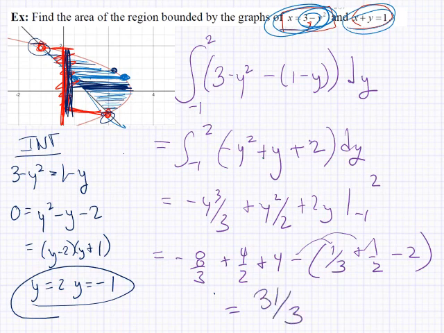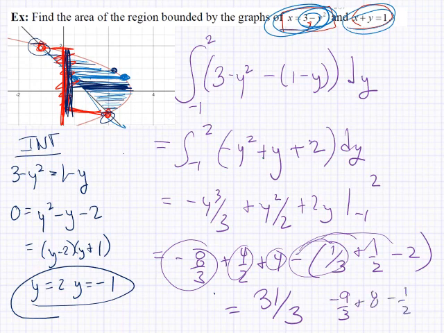I think that's right. I did quick computations. Let me double check that real quick. I'm going to have minus 8/3 is a minus 1/3. So that's minus what? That's minus 9/3. Then I'm going to have 2, 4, 6. And if I distribute this in here, it's going to be another 2, so that's 8, and minus 1/2. So common denominator would be 6. All right, so this is already wrong. So common denominator would be 6.